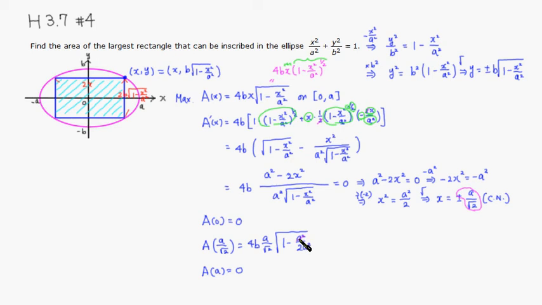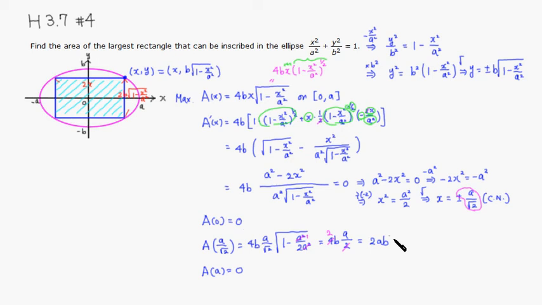We can cancel a squared, so it's the square root of 1 minus 1/2, which is the square root of 1/2. So this is 4b a over the square root of 2 times the square root of 2, so it's 2. We can cancel 2 and 4, and we end up getting 2ab.